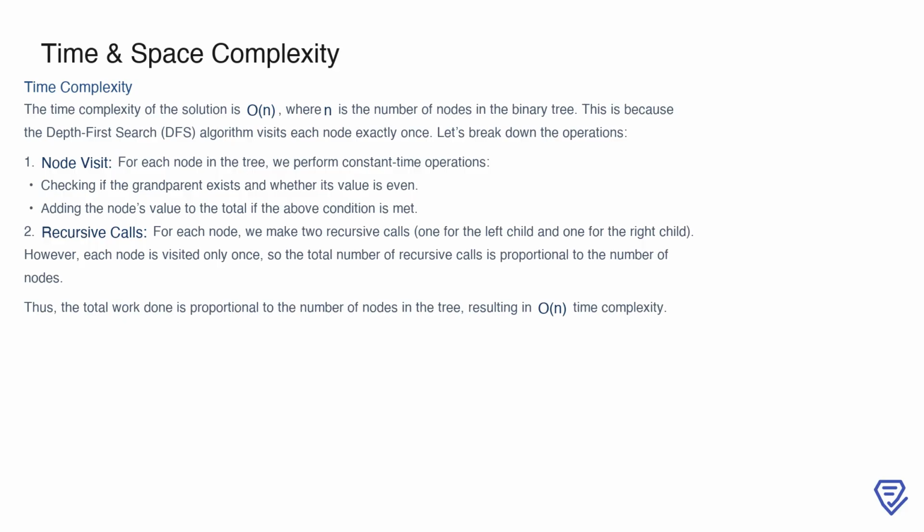If the conditions are satisfied, we add the node's value to the total. Additionally, we make 2 recursive calls for each node, one for the left child and one for the right child. However, since each node is visited only once throughout the traversal, the total number of recursive calls is directly proportional to the number of nodes in the tree. As a result, the overall time complexity is O(n).